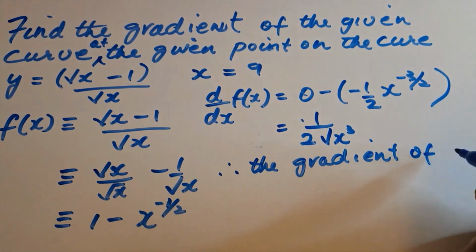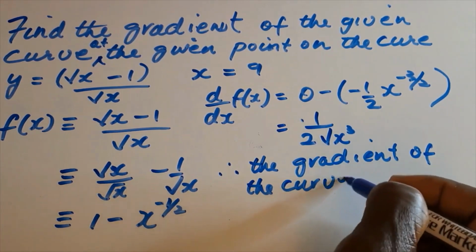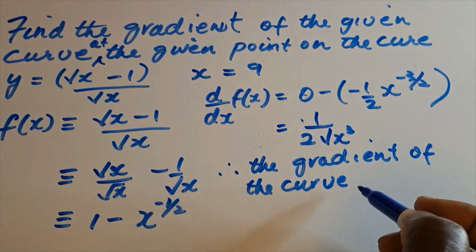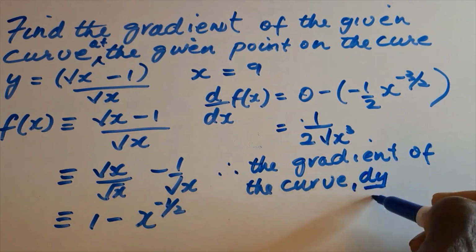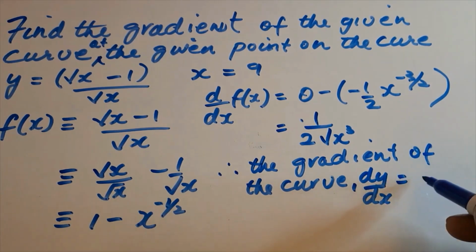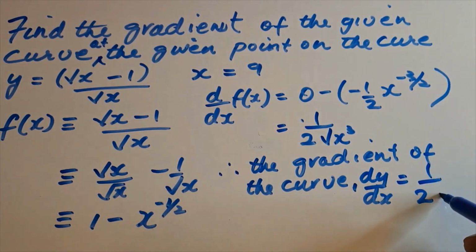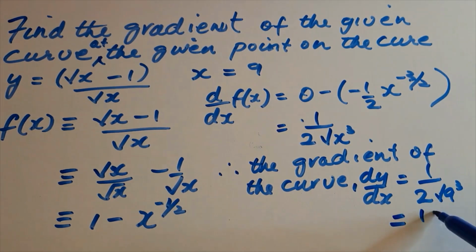the gradient of the curve, which is dy dx, is equal to 1 over 2 root 9 cubed, and this is equal to 1 over 54.